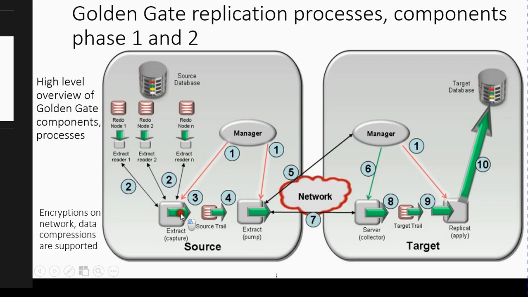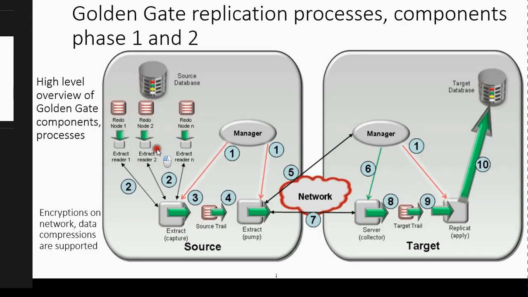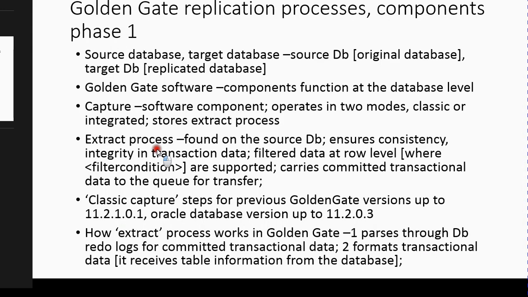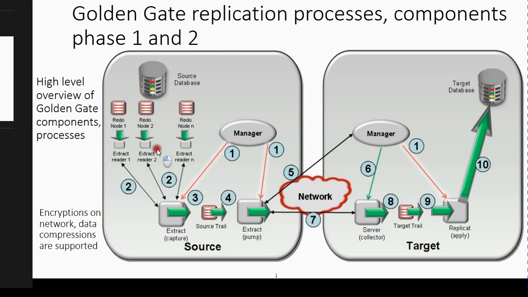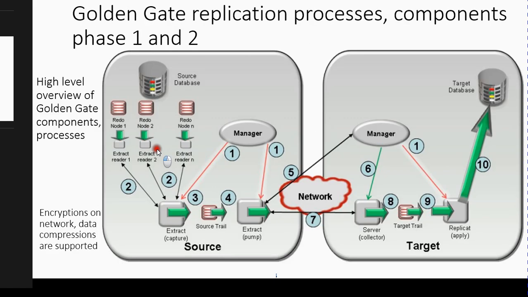This extract process is scouring through the redo logs looking for transactional data, specifically committed transactional data. After that, it's going to format that data according to the table information that we receive from the database.